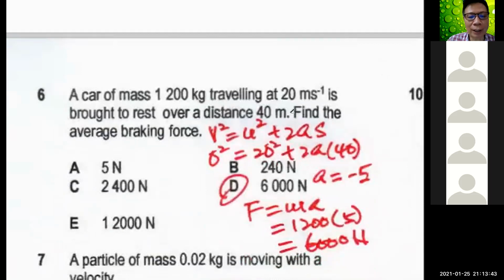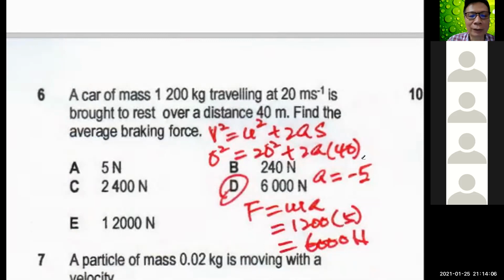First, use this formula. Find the a, acceleration. Final velocity v is 0 because he says brought to rest. Rest means the final velocity is 0. Initial velocity 20. Displacement, the distance 40. Okay, find a. Solve the equation here, a is -5.